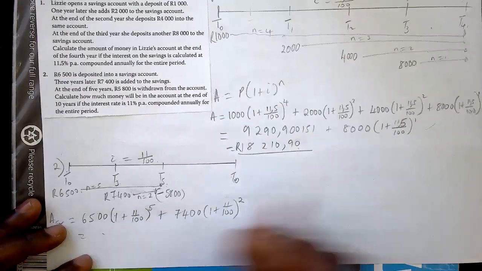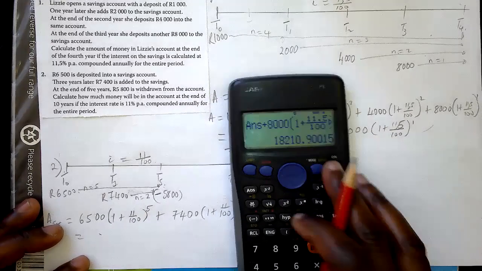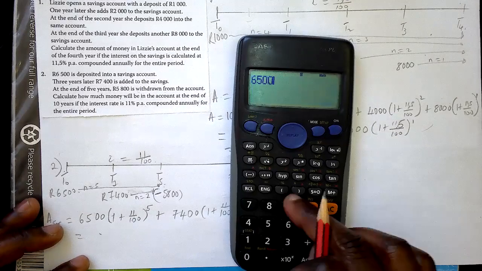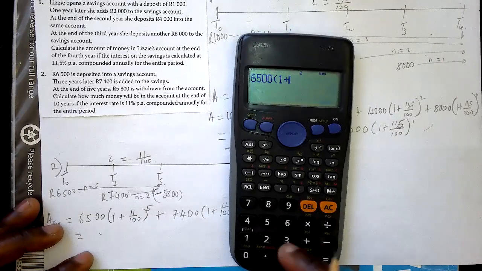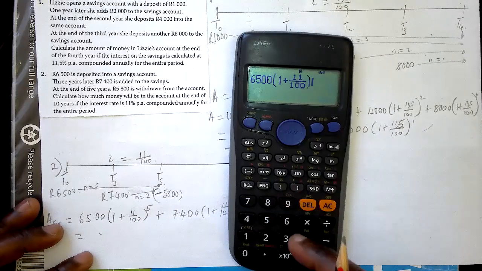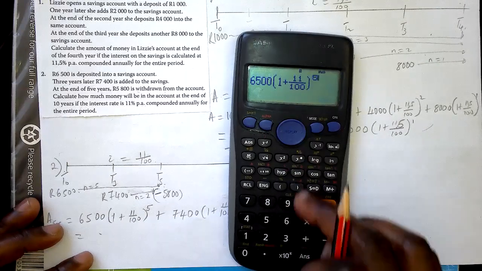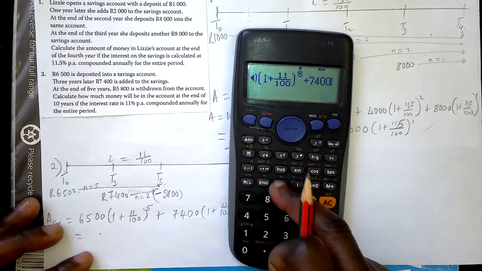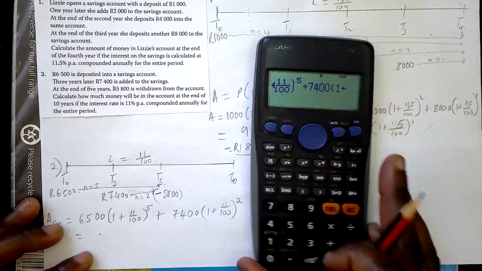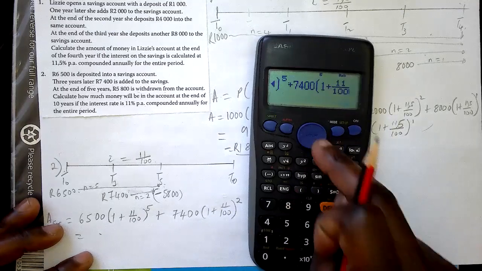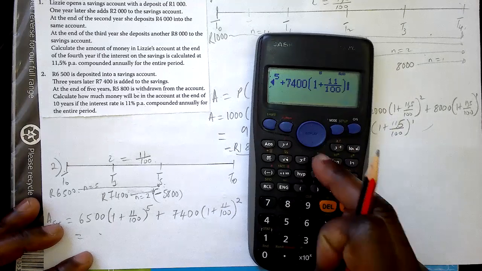Then what do we get there? We need to get this total first. Okay, then we say 6,500 in a bracket, 1 plus 11 over 100 to the power of 5, plus 7,400, 1 plus 11 over 100 to the power of, we square that.